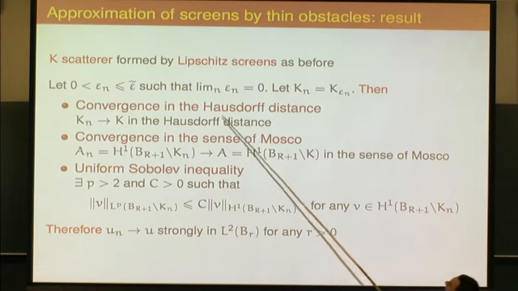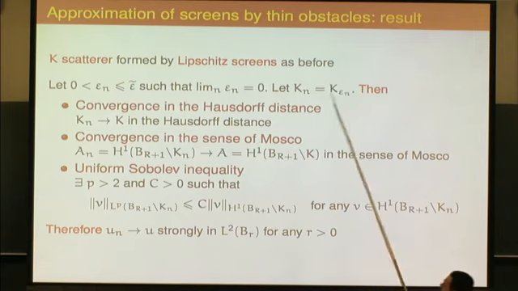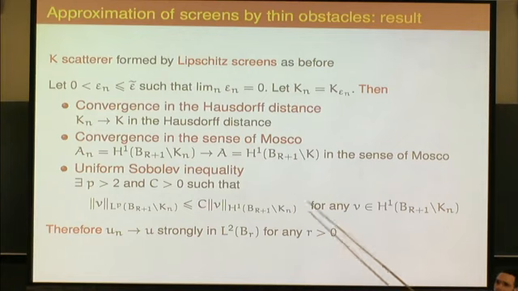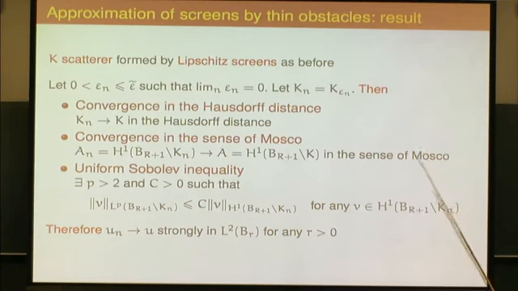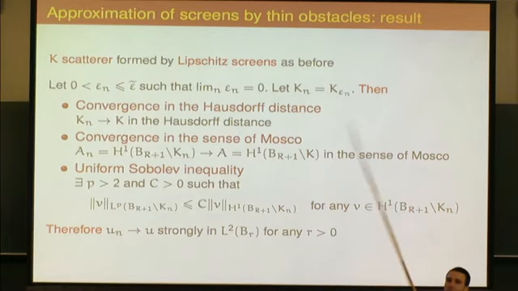Convergence in the Hausdorff distance is trivial. Actually, convergence in the sense of Mosco is easy in this case. And the uniform Sobolev inequality we had from the result before, so you are able to prove that you have a convergence of solutions. So what you are doing here is approximating a screen by a thin obstacle surrounding it.